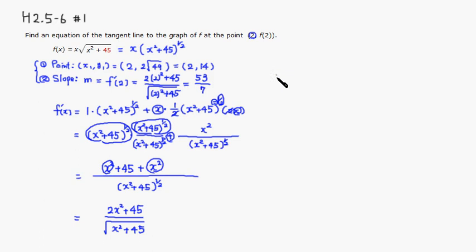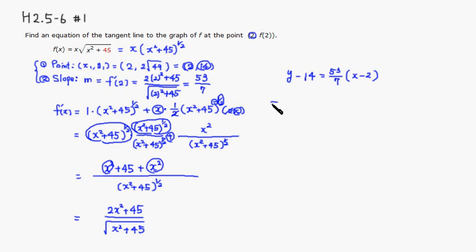So we can find the equation by y minus y1. y1 is 14, which is equal to the slope, 53 over 7, which is not very pretty, times x minus x1, and x1 is 2.